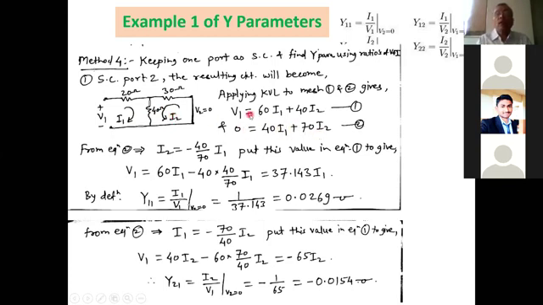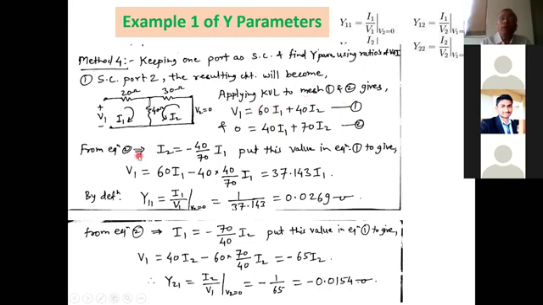So from this second equation, you will get I2 in terms of I1, substitute it here, and you will get one ratio. Then the second time you calculate the value of I1 in terms of I2 from the second equation, substitute it here, and you will get the second value.